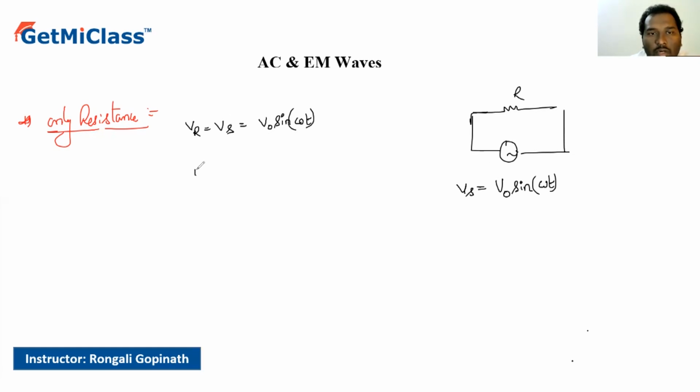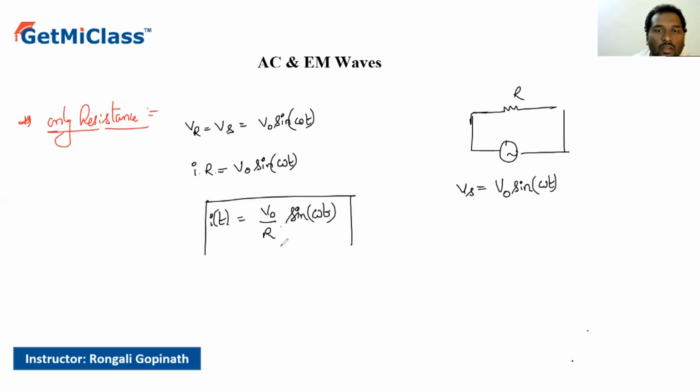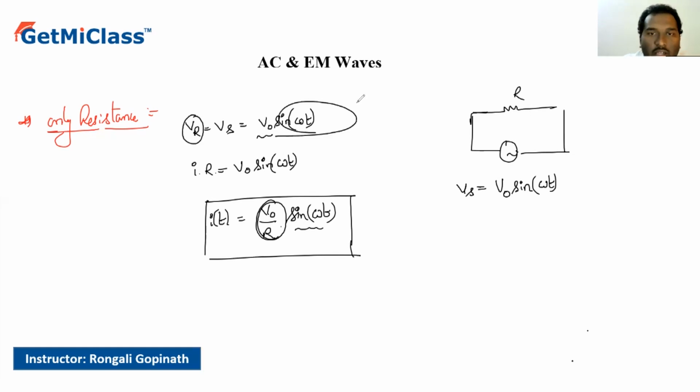Or VR can also be written as current through it into R is equal to V naught sine of omega t. Therefore, current as a function of time t is given by V naught by R times sine of omega t. We can see that current is some amplitude into sine of omega t, whereas voltage across a resistor is equal to some amplitude into sine of omega t.